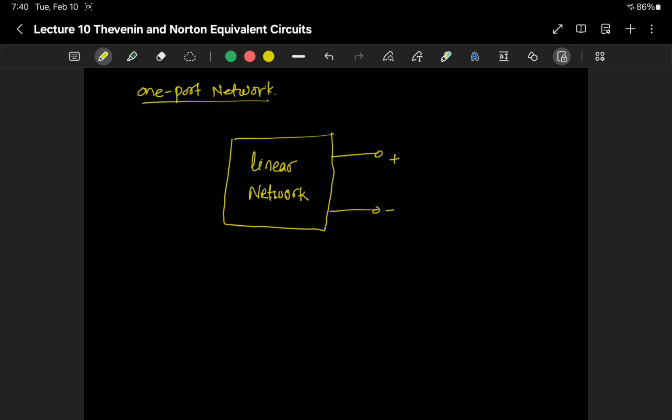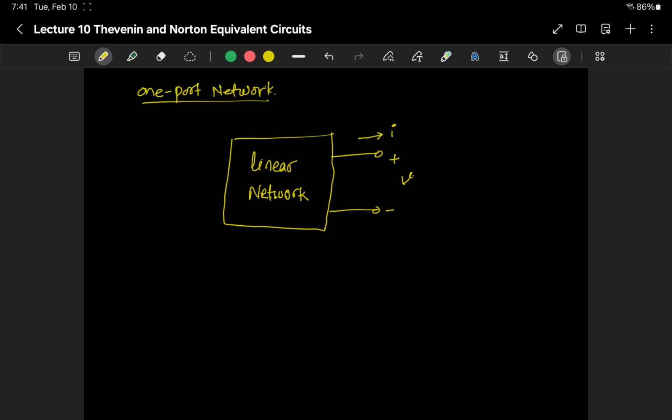Those are considered one port networks. So let's say the voltage V is given here, and the current is I, and this kind of network will have voltage and current characteristics. So they are characterized by the current voltage relationship.